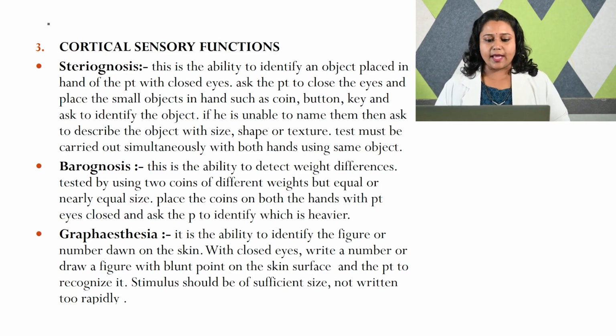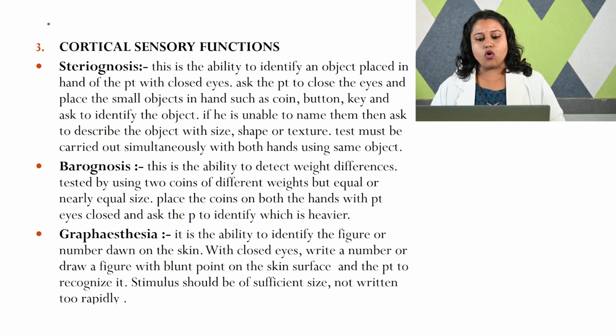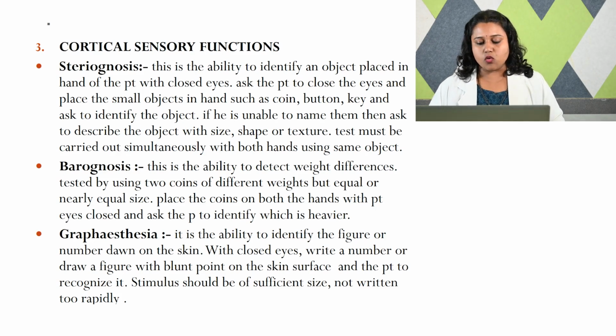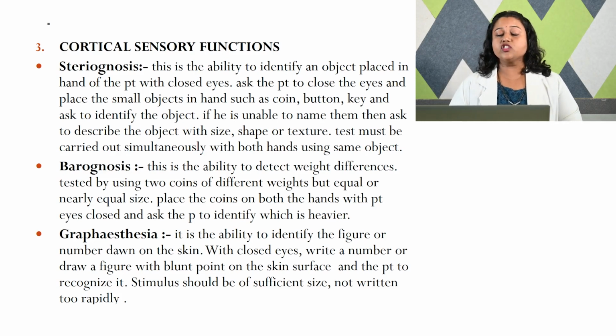Barognosis is the ability to detect weight differences. It is tested using two coins or two different weights of equal or nearly equal size and shape. Place them on both hands with the patient's eyes closed and ask the patient to identify which is heavier.